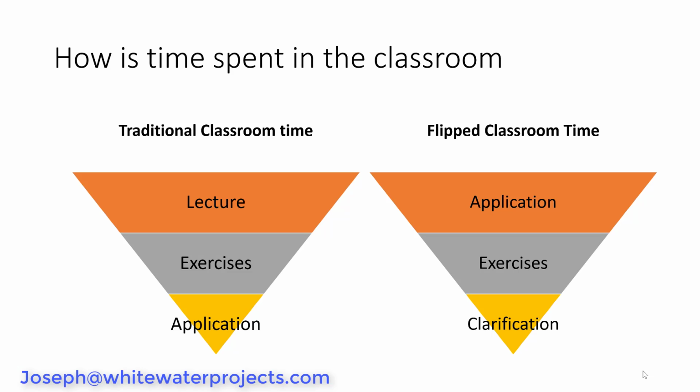We as agile coaches and trainers try and come up with new ways of doing that. There's constructivist models for providing that, but it still is lecture conveying information from me to you. Then there's a bunch of time spent on exercise, and then there's time spent on application. So on the left-hand side, you see lecture, exercises, and a little bit on application.